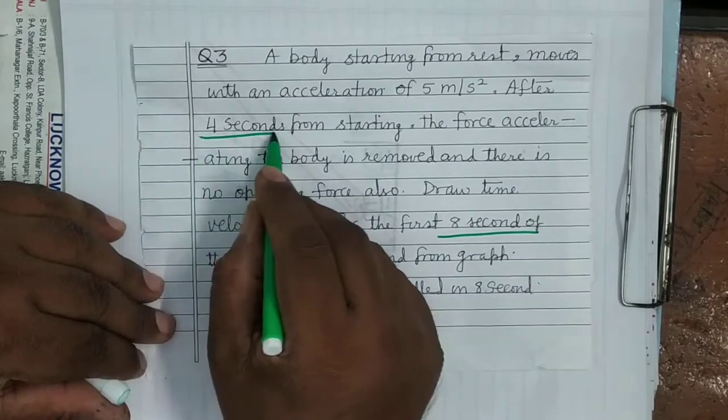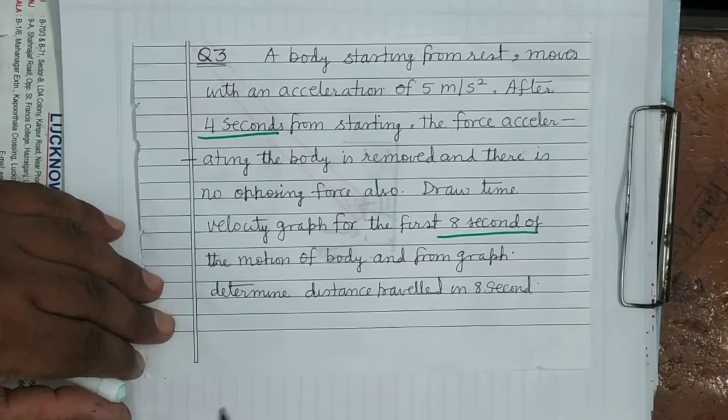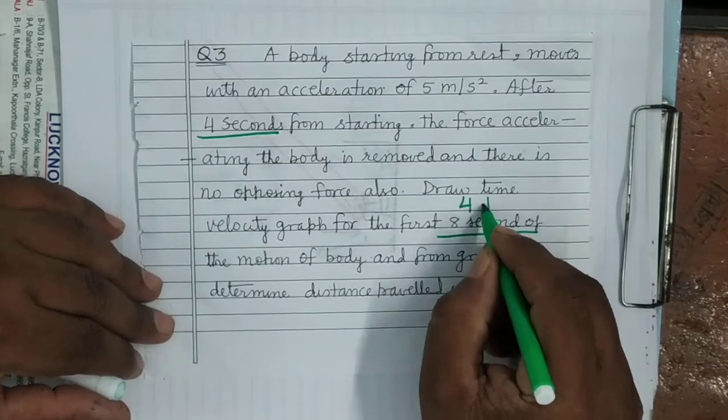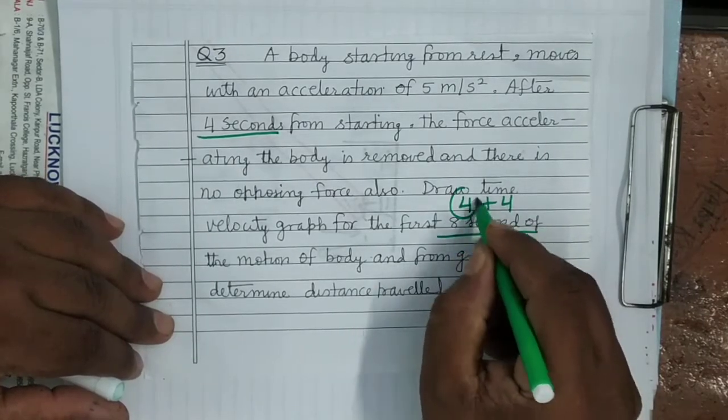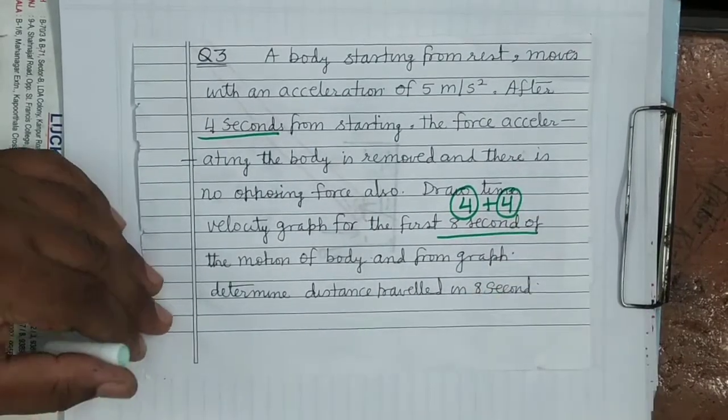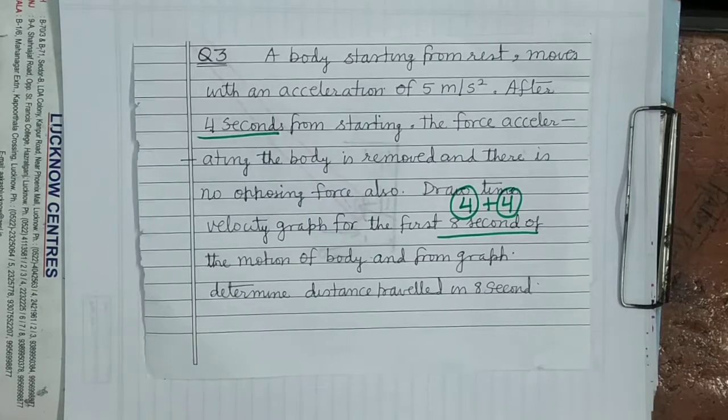For the first 4 seconds there is accelerated motion, and for the next 4 seconds, you can divide this 8 into 4 plus 4, the motion is without acceleration, uniform motion. So you have to draw the velocity time graph. So I am trying here.